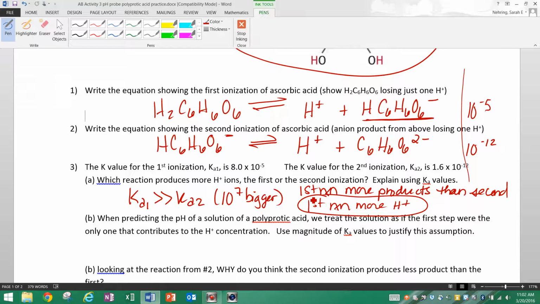So if we look at B, when predicting the pH of a solution of a polyprotic acid, we treat the solution as if the first step were the only one that contributes to H plus concentration, and use the magnitude of K values to justify this assumption.